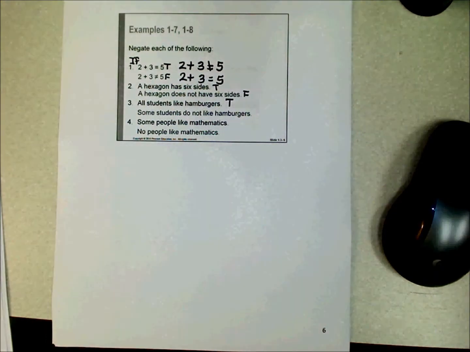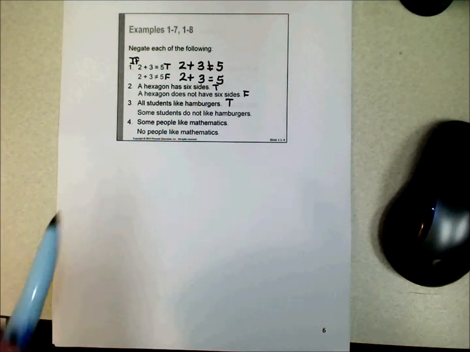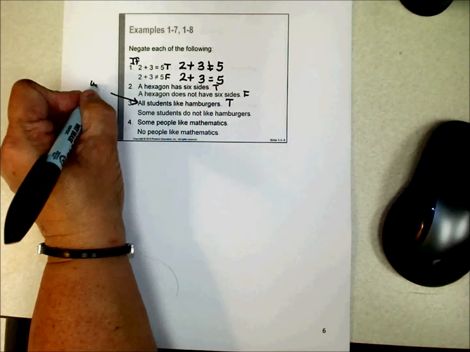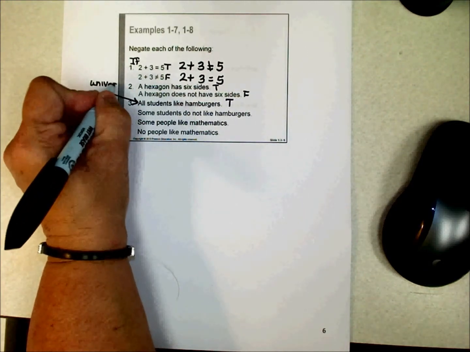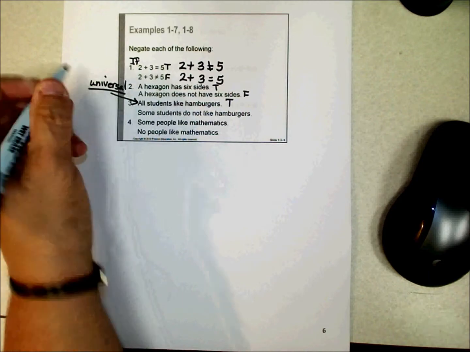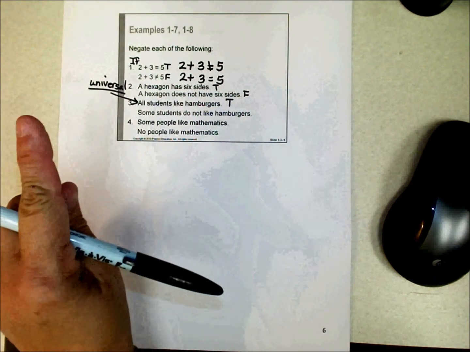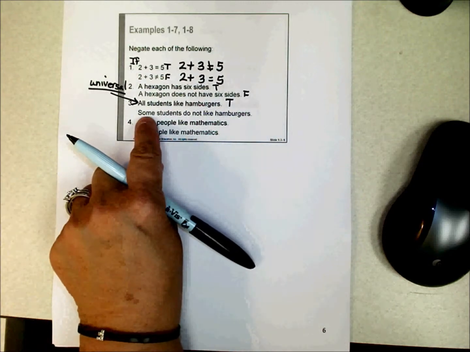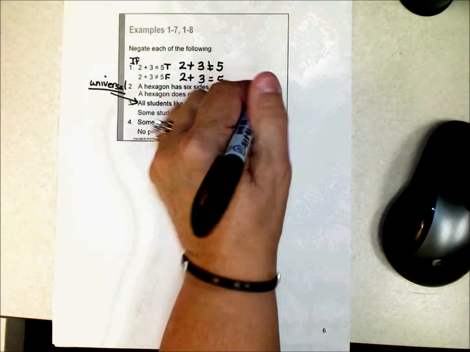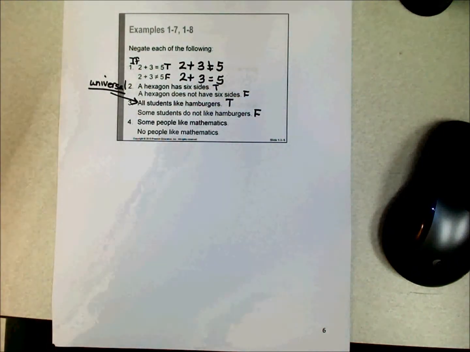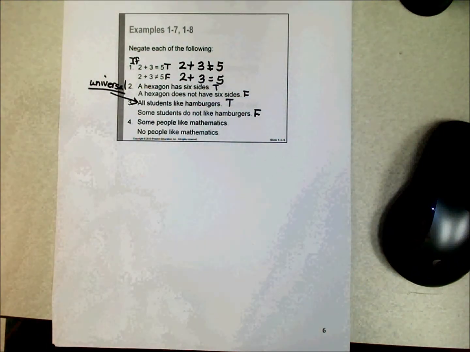And that goes back to the universal quantifier that we had. That tells you that every single one of them likes hamburgers. And if that's the case, then we wouldn't say that some don't like hamburgers. So that would still make that false. If the original statement's true, then to negate it makes everything false.